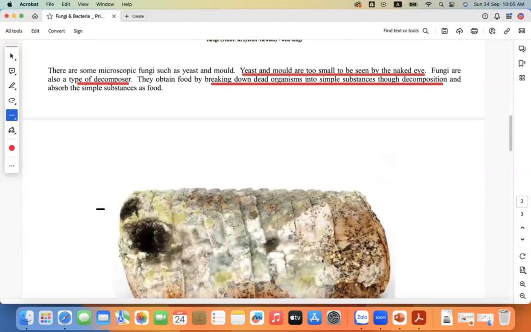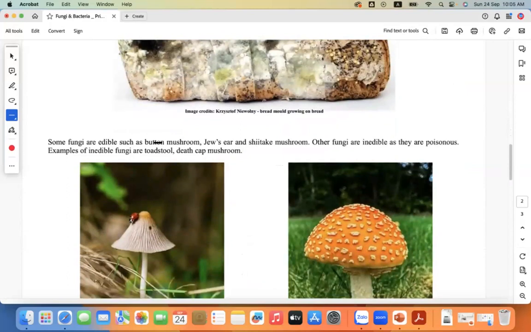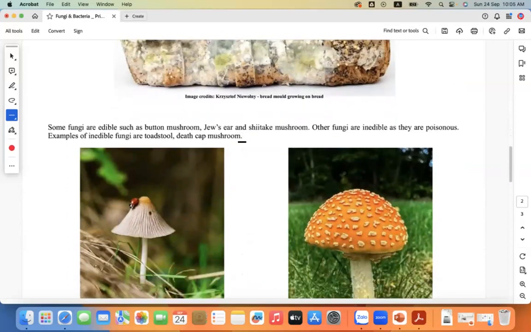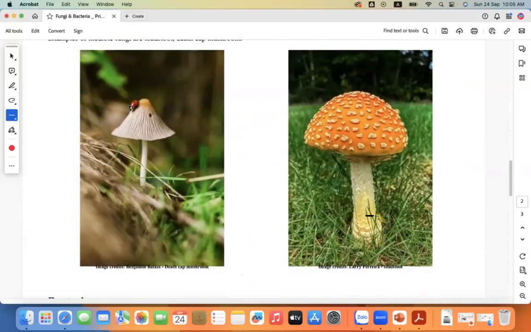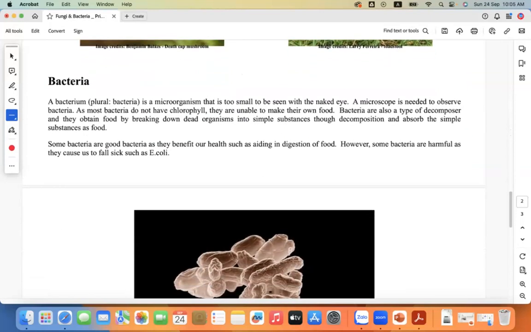Next up, some fungi are edible, such as the button mushroom and jelly ears, while others are not edible because they are poisonous. So we have edible and not edible pictures. Next up, we move on.